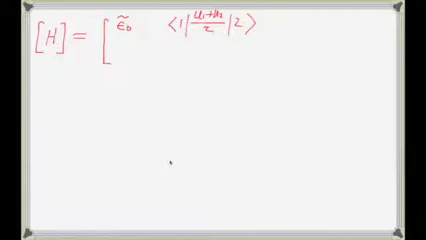So H, we've taken this and turned it into an actual matrix that you can stick into MATLAB. So you have epsilon 0 tilde. You have these off-diagonal terms, u1 plus u2 over 2, and the same term down here. Let me call that u bar so I don't have to keep writing it. And epsilon 0 tilde, where u bar is just that u1 plus u2 over 2.